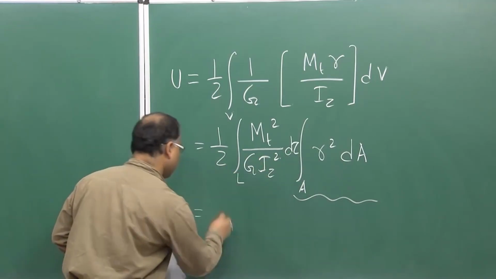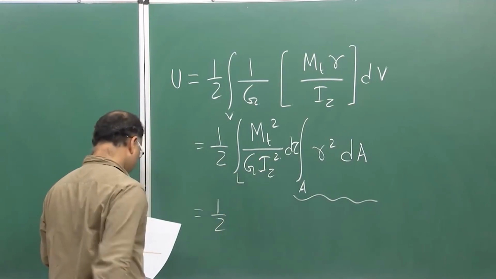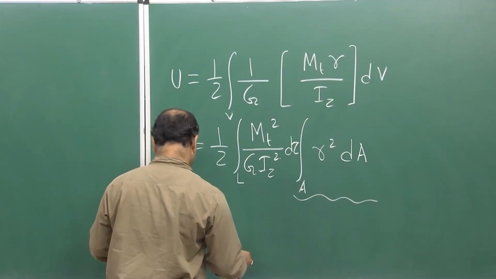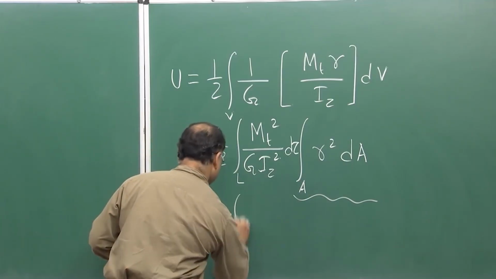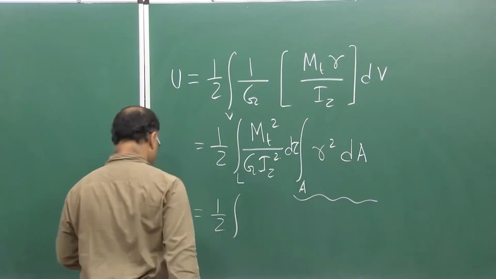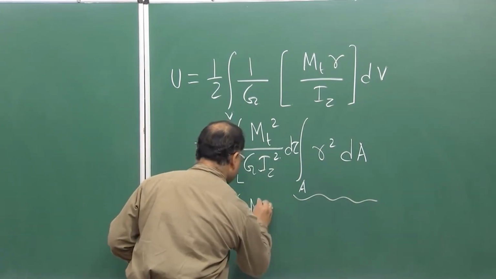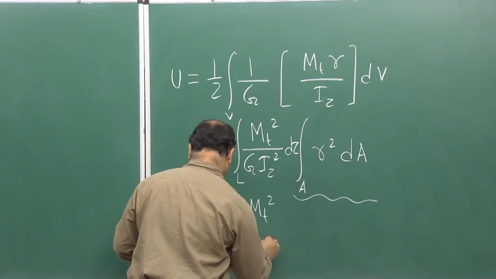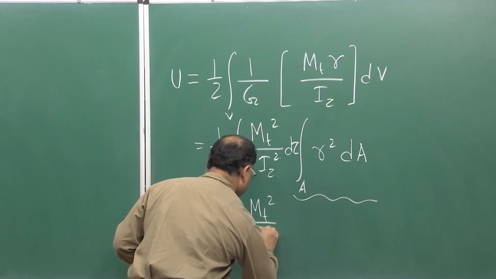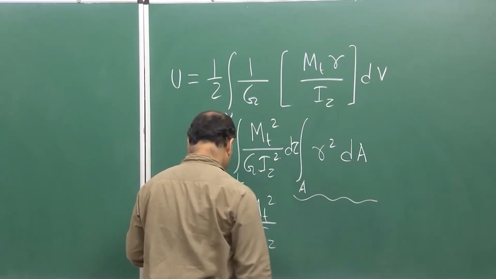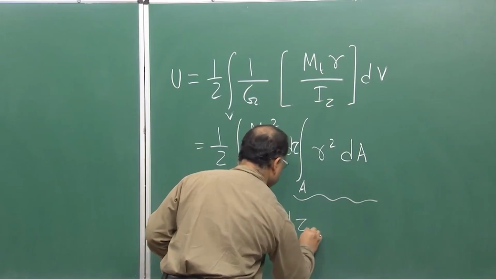So, I can simply write U equal to half integral of Mt square by G Iz dz.